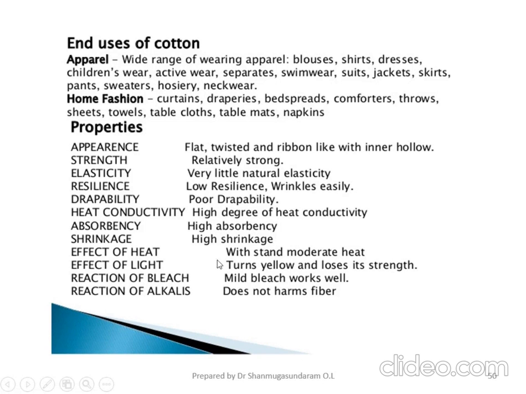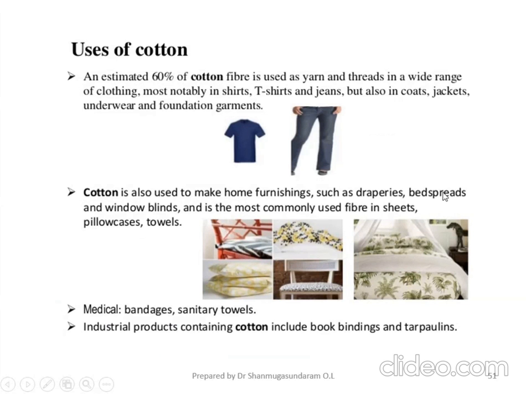So when the cotton fabric is exposed to sunlight, it turns yellow in color and loses its strength. Then reaction to bleaching, it has mild bleaching, works well. Then reaction to alkali, it does not harm the fiber because you will get an extraordinary property when you treat the cotton fiber in sodium hydroxide or sodium carbonate. Okay. So these are all the properties of your cotton fiber.